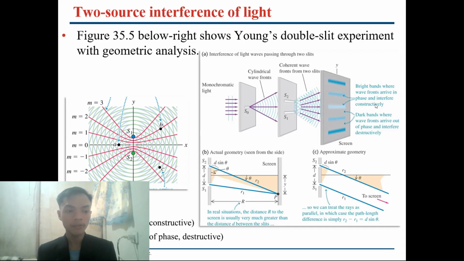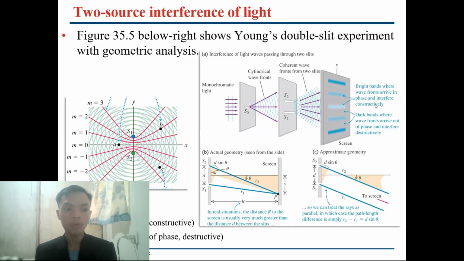For destructive, it is given by d sin theta equal to the quantity m plus 1/2 multiplied by the wavelength. And these equations describe the geometry of interference.